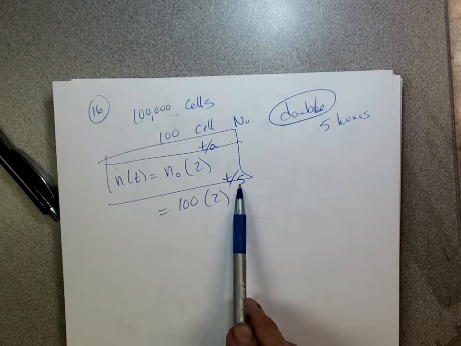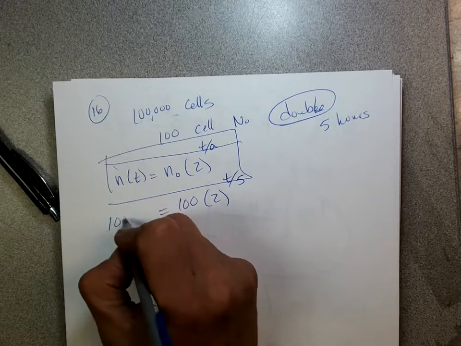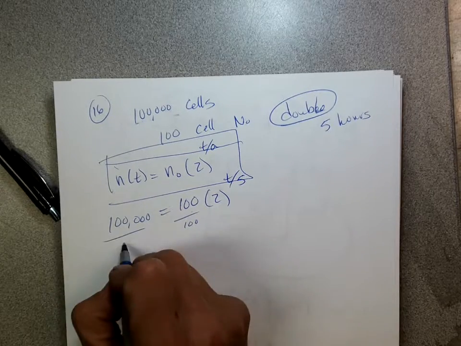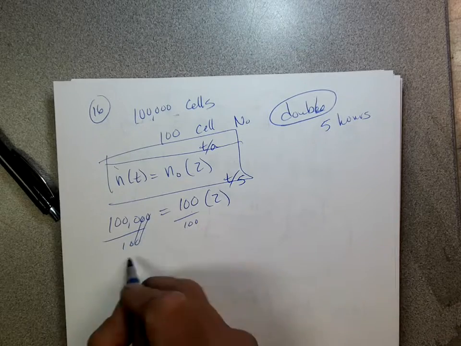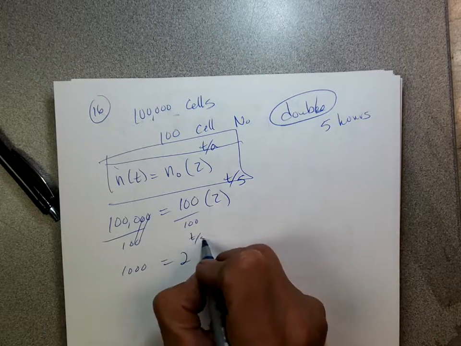Okay, now what we want to do is find the time that it takes to grow 100,000 cells. So let's solve. Step 1, divide by 100, take away 2 zeros. So I got 1,000 equals 2 to the t over 5.